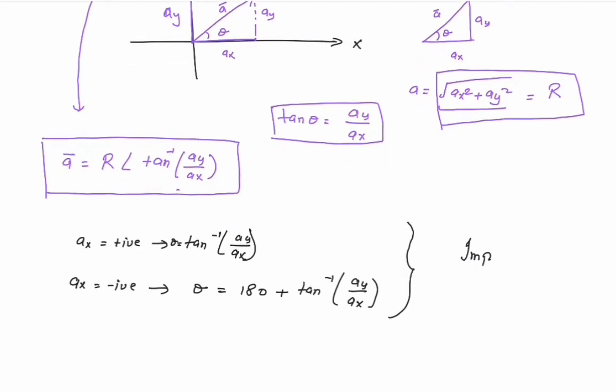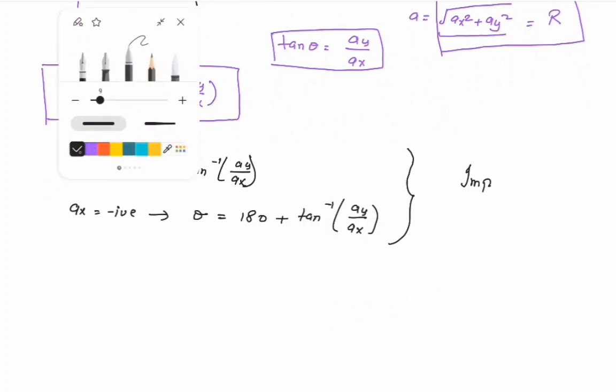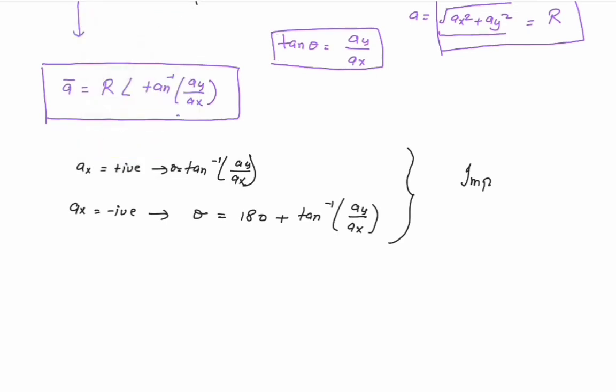We will see there are 4 different possible cases. We are going to see all the 4 different possible cases. The 4 examples we are going to discuss are for different combinations of ax and ay. Let's take case number 1. The first case is, suppose the vector is given as 3i plus 4j.